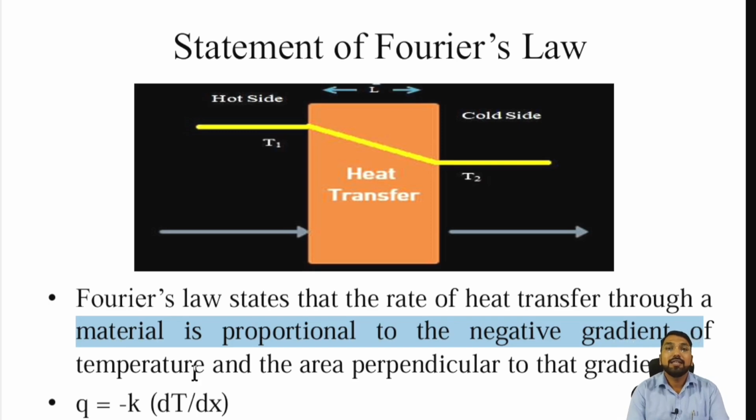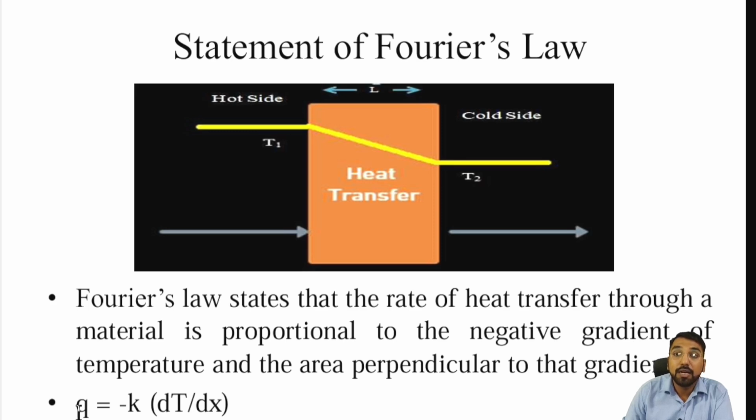Its mathematical equation is Q is equal to minus K dT by dx. Here Q is the heat flux, which means heat transfer per unit area. So the heat transfer rate is directly proportional to the negative gradient, by the Fourier law.